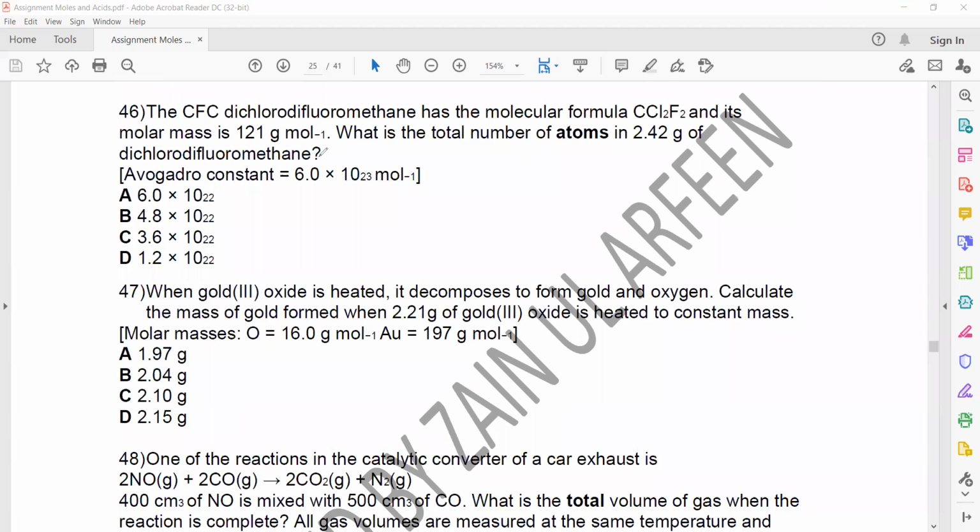The same idea, the CFC, dichloro-difluoromethane, has a molecular formula of CCl2F2, and its molar mass is 121 gram per mole. What is the total number of atoms present in 2.42 grams of dichloro-difluoromethane? So first we'll find the moles.